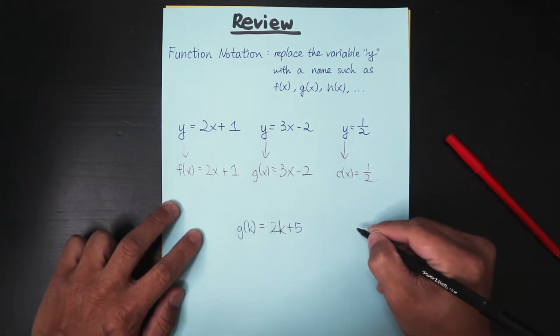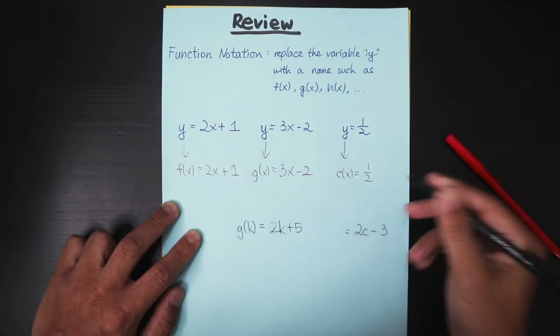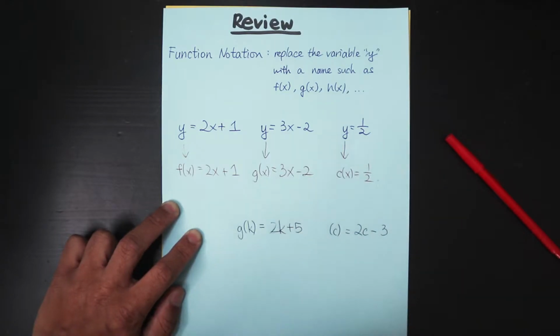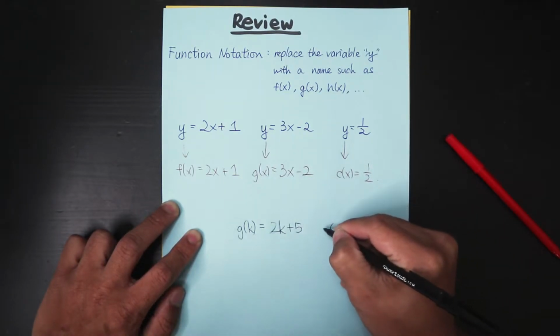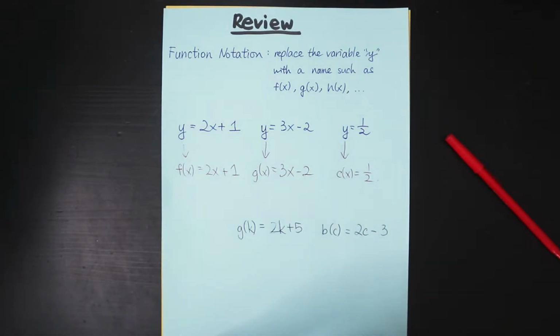Another example would be 2c minus 3. Here the independent variable is c, and I can call the function any letter I want. Let's call it b. So b of c is equal to 2c minus 3. And that's all you need for the next lesson, which is 3-2 linear functions day 2.